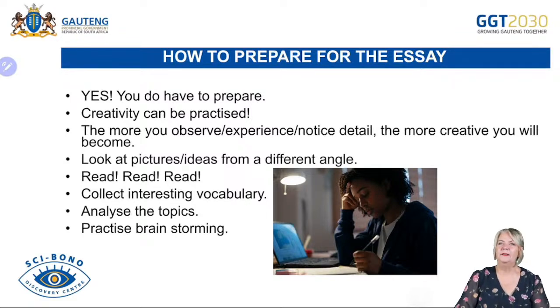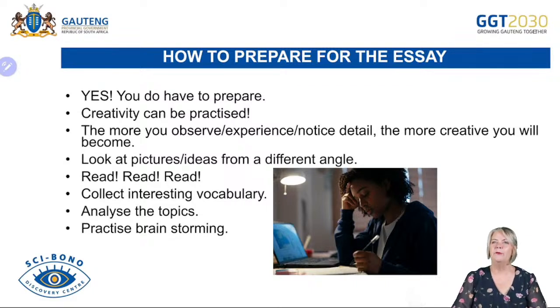And then practice brainstorming. We live in a society where we think we have to be right all the time and we have to think a certain way. And certainly, whatever we surround ourselves with influences what we think. And very often, we don't trust our own interpretation.